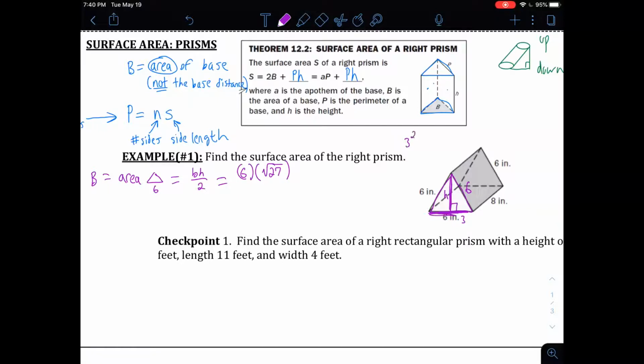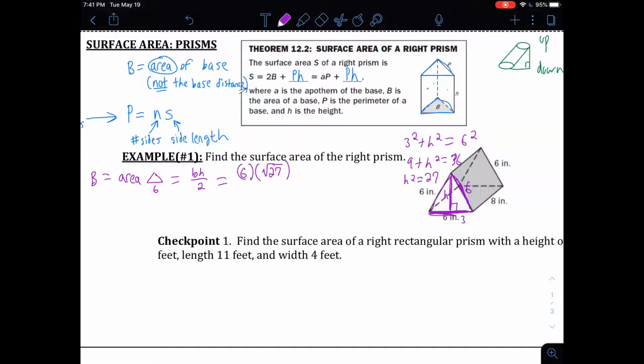So we're doing 3 squared, we're doing this right triangle right here. 3 squared plus h squared equals 6 squared, because that's the c in Pythagorean theorem. 9 plus h squared equals 36. Subtract 9, we get h squared equals 27. Then you take the square root, you're going to get square root of 27. That's where the square root of 27 comes from.